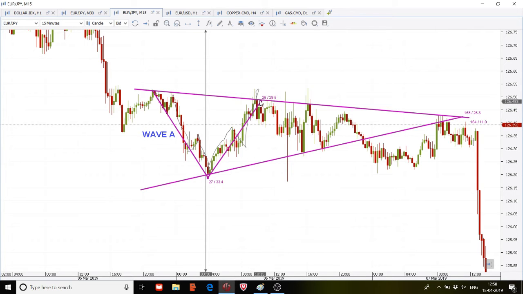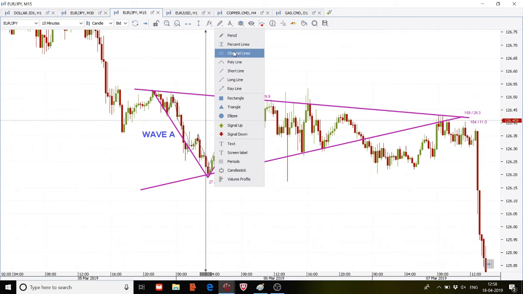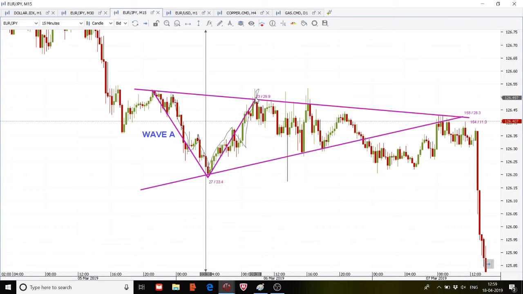Similarly for wave B, you will need to join, either you can join this or you can join this, it doesn't matter. What matters is the breakout or breakdown from the series. You need not worry about the exact trend lines or the exact pattern. You will just need to keep watch for the breakout or the breakdown, because that only matters for us. Otherwise the instrument can remain in that range for any amount of time.